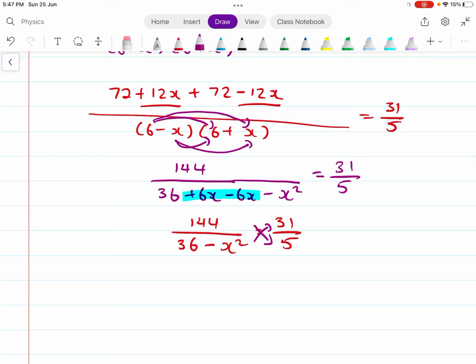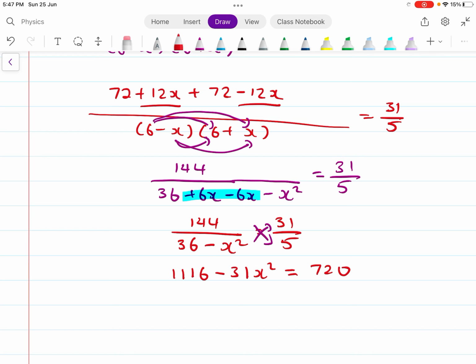Let's do the up cross first: 31 times 36 gives you 1116 minus 31x squared is equal to 144 times 5, which is 720.